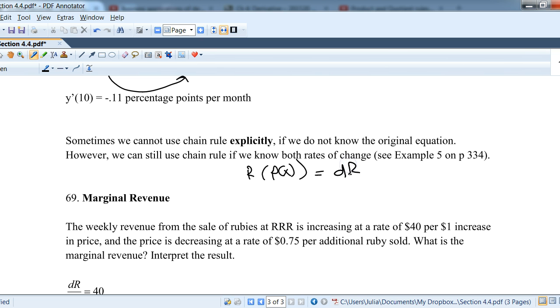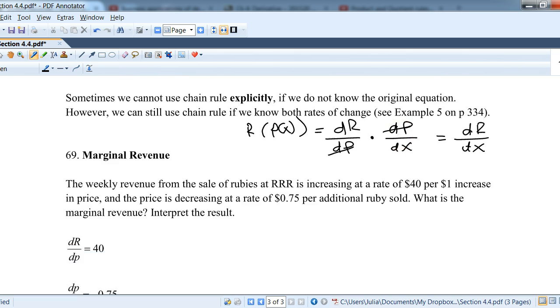We can take the derivative of revenue with respect to price first, that's the outside, times the derivative of the price, which depends on the number of items that you produced. Notice how dp cancels, and we can actually obtain the derivative of the revenue with respect to just the items. So the price is the intermediate variable that gets canceled.